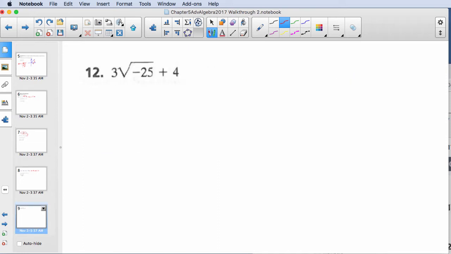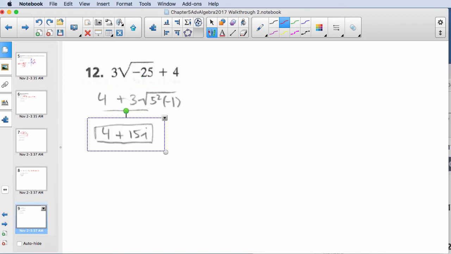Okay, for this problem, we're asked to simplify an expression that will result in a complex number. In this case, our student proposed going 4 plus 3, and then she did the square root. She recognized that 25 was 5 squared and negative 1, which she then separated out and wrote 4 times 3 times 5. She brought the 5 squared out of the square root and wrote it as 5.